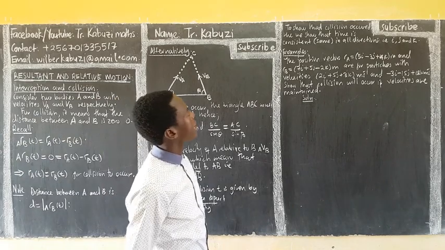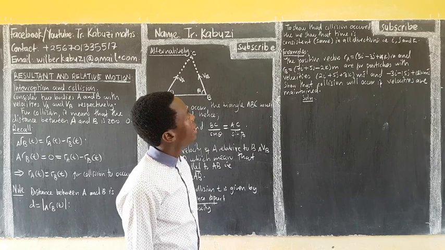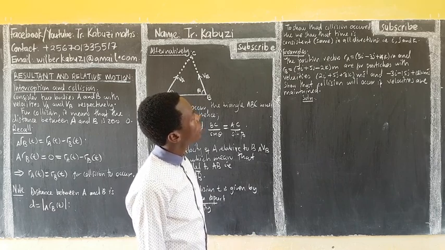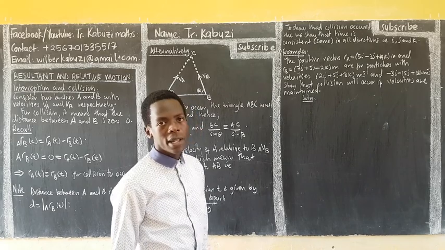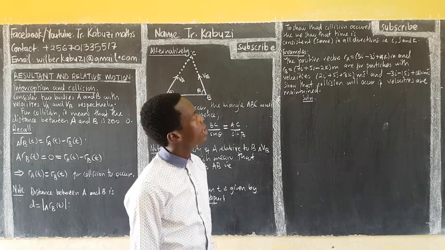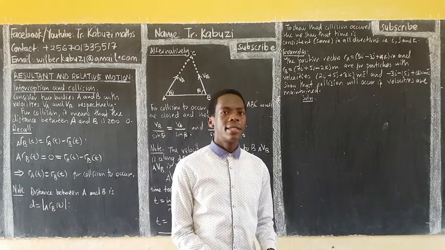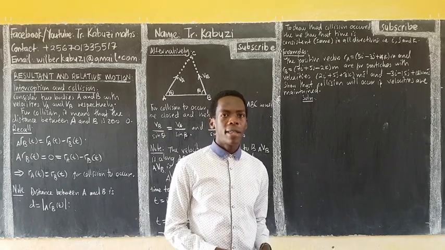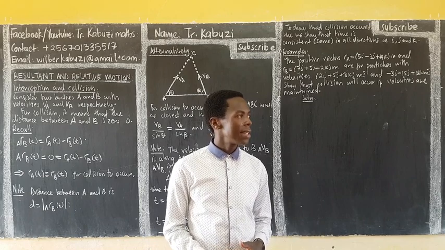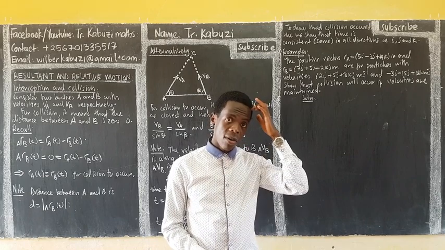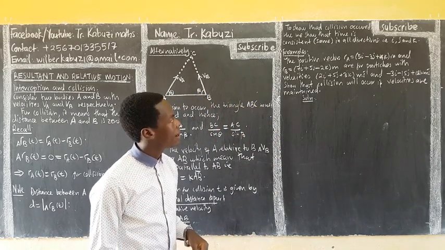To show that collision occurred, we show that time is consistent, the same in all directions, i.e., i, j, and k. If they tell you to show that these two particles will collide, equate them, get the time, and then show that time is consistent in all the directions. Let us use an example here.